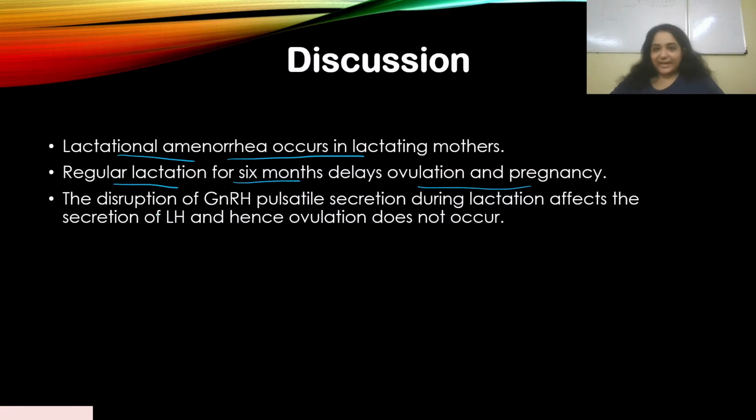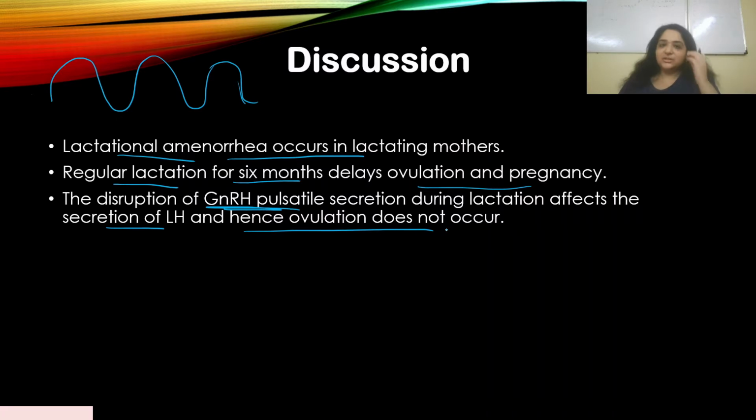Now what exactly happens is that the gonadotropin releasing hormone is a pulsatile secretion. I already discussed this in human reproduction, right? So it secretes in a pulse frequency format. This is disrupted during the lactational period, and it affects the secretion of LH, and hence ovulation does not occur.